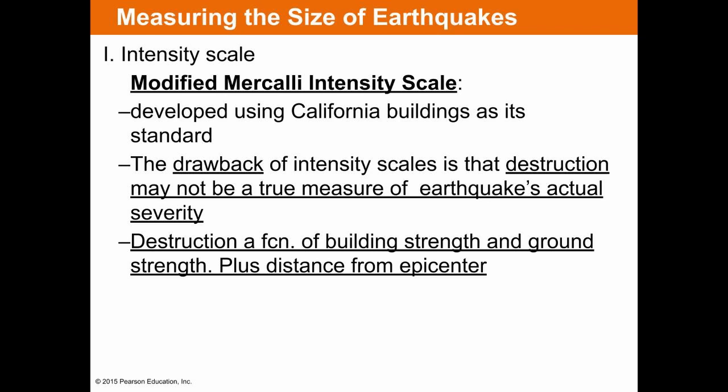That may seem a bit convoluted. When we go over examples, I think you'll understand what the intensity scale means and why it's not a good way to compare earthquakes to other earthquakes. It's better used on the human side of things.